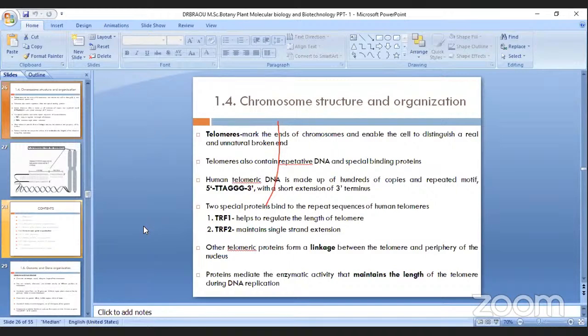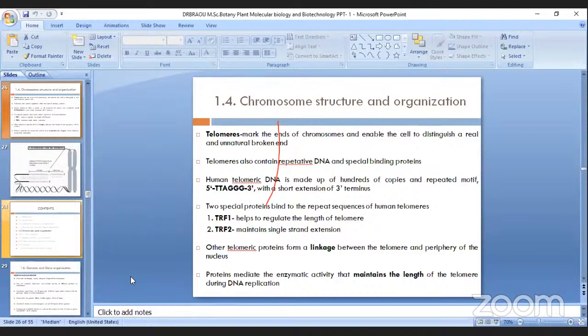There are also some other proteins present in telomeres, other than these two special proteins. They are called linkage proteins. They link between the telomeric ends and the periphery of the nucleus, acting as a clamp.